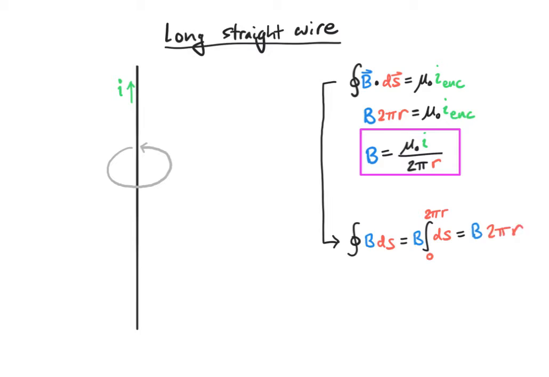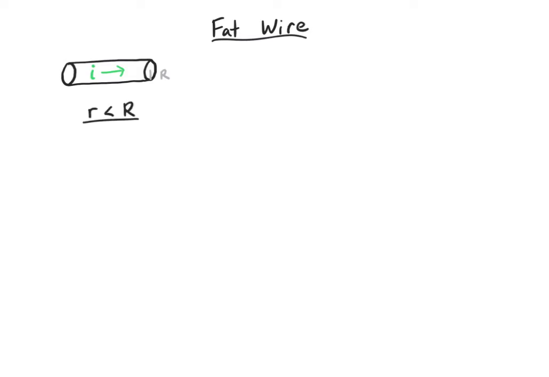A somewhat more complicated example is of a long, thick wire, where the diameter of the wire is thick enough that we have to consider the fact that the current is kind of spread out. In this case, it's reasonable to assume that the magnetic field will look different inside the wire compared to outside the wire. So if we do this inside the wire, we want to draw an Amperian loop at a radius smaller than the radius of the wire itself, so that we're really probing what the magnetic field looks like inside the actual wire itself.